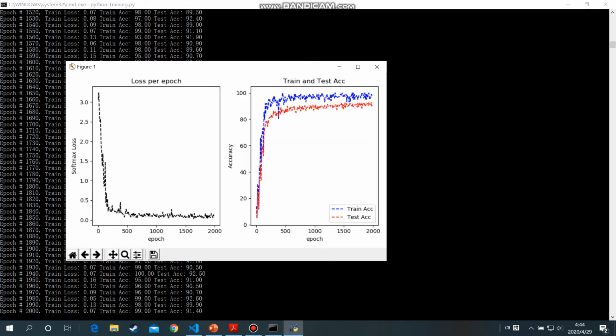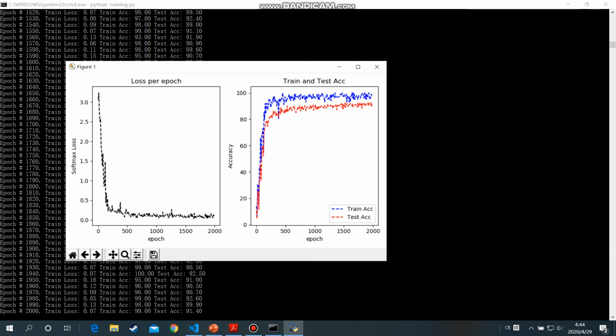As we can see, as the epoch grows, the accuracy gets higher and higher, and the loss approaches 0. When it is about epoch 2000, the loss on the training side is near 0, and the test accuracy approaches 90%.